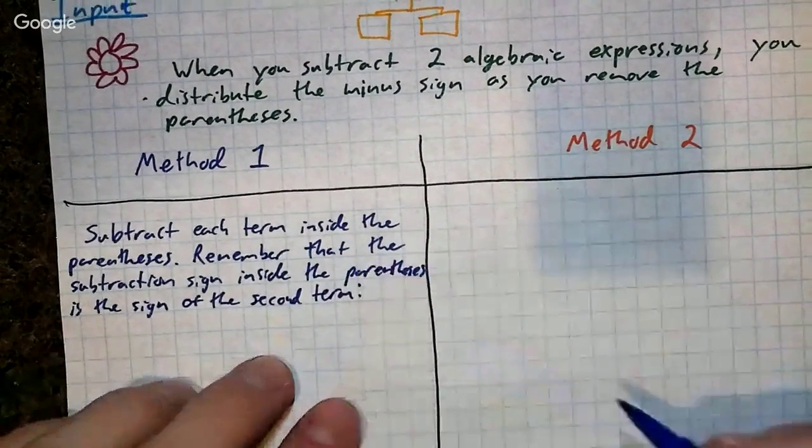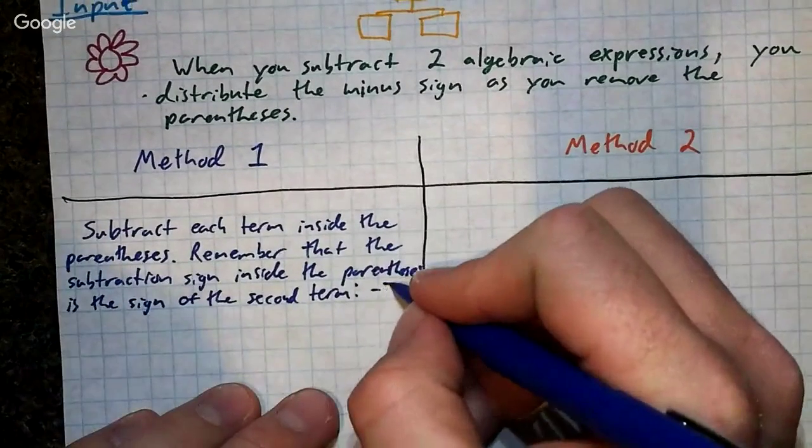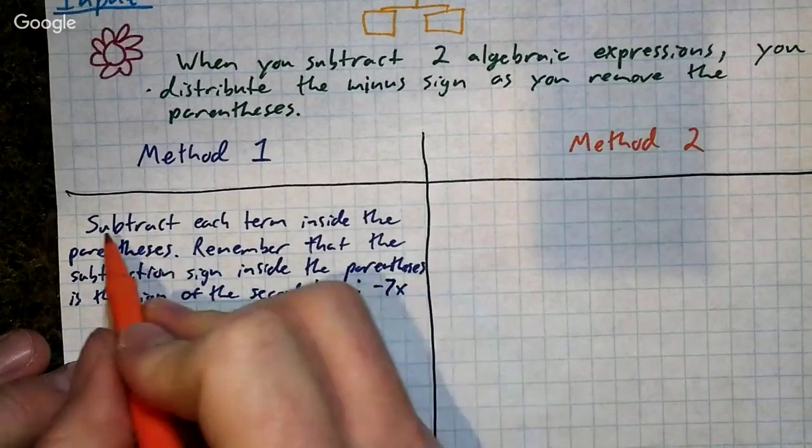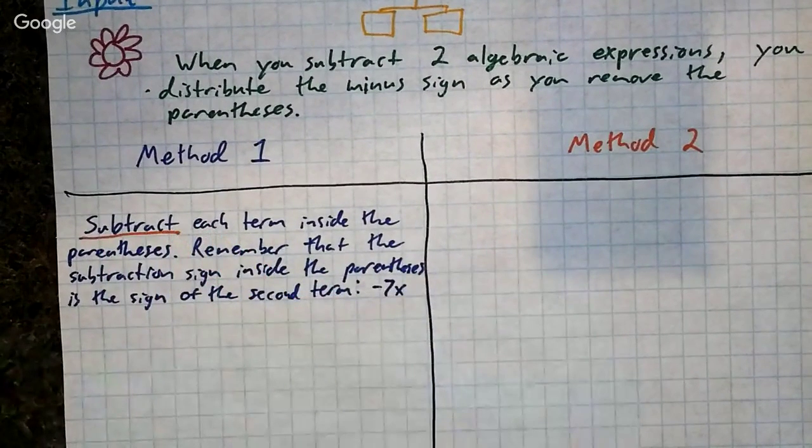In the example we're going to do, you'll see it when we look at the negative 7x. So in method 1, we are going to subtract each term inside the parentheses. We're just going to distribute out that negative sign, and we're going to subtract each term.